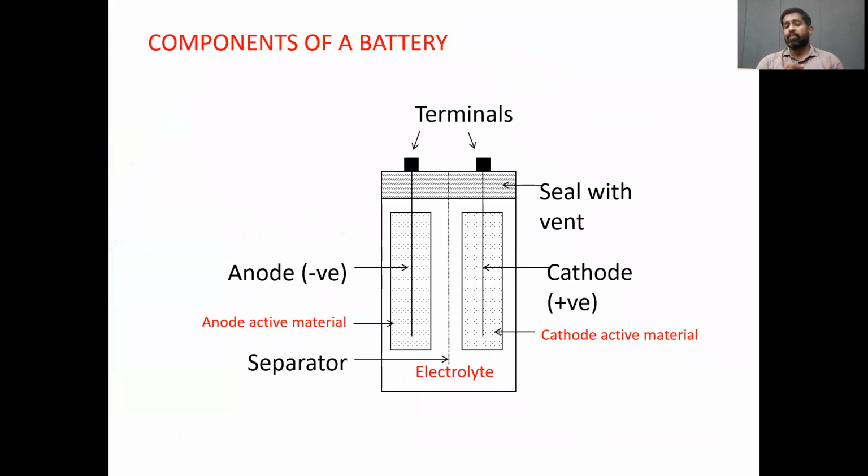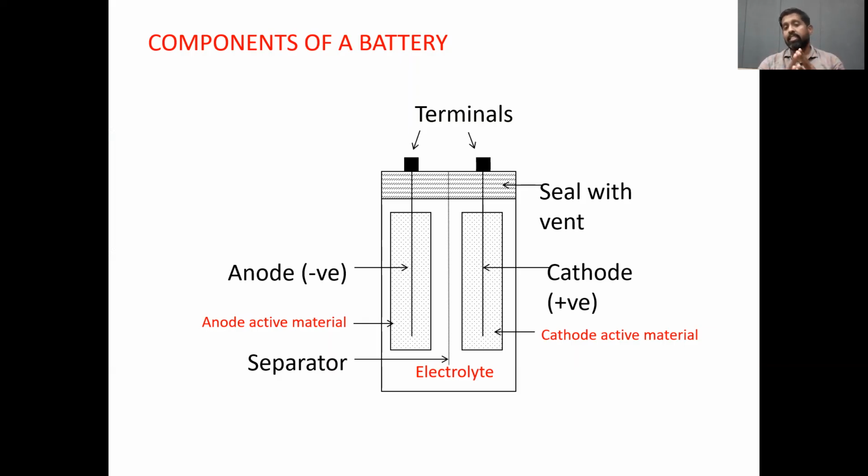Coming to battery, we should know the basic components of a battery. As we all know, any electrochemical device will have an anode, a cathode, an electrolyte, anode active materials and cathode active materials, or active materials and inactive materials.